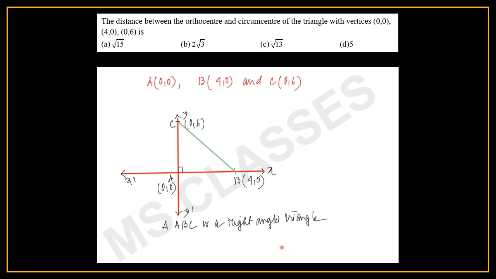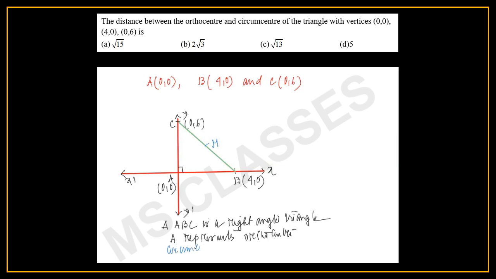Now that means what? A will be the orthocenter, because this is the point where the perpendiculars meet, and we need here the circumcenter. Now circumcenter is the midpoint of the hypotenuse of a right angle triangle.